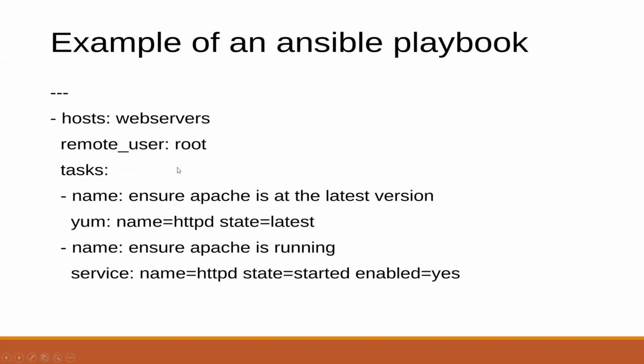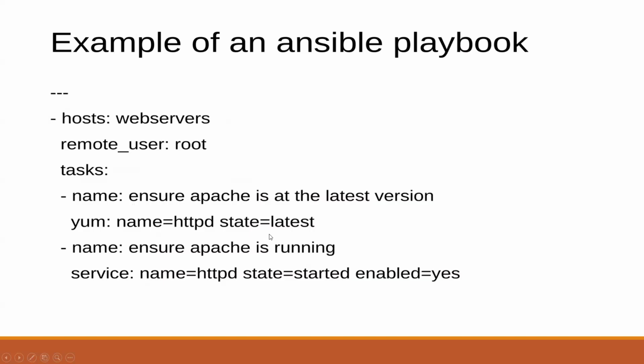Remote user: which user do you want to run this playbook as? A root user. Task name: ensure Apache is the latest version. The name is nothing but a comment or a description. Then yum is the module. What is that? Yum is the module. Name equal to httpd, state equal to latest.